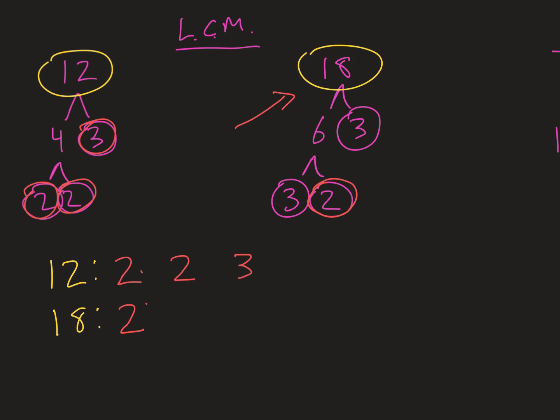Then we have a 3. That 3 is going to go right there since the 3 above it matches. Now we have this last 3. Since there is no other 3 in the factors for the 12, we're going to put it in its own column over here.